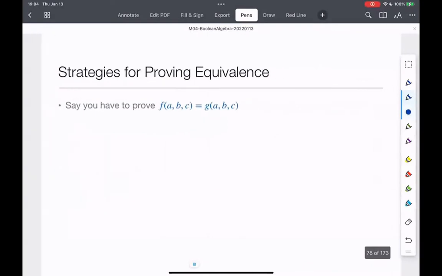So this goes to strategies for proving equivalence. If I say, here are two functions, are they the same? One way to do it is to do a truth table for each one of them and then make sure the truth tables are identical, each row corresponding.